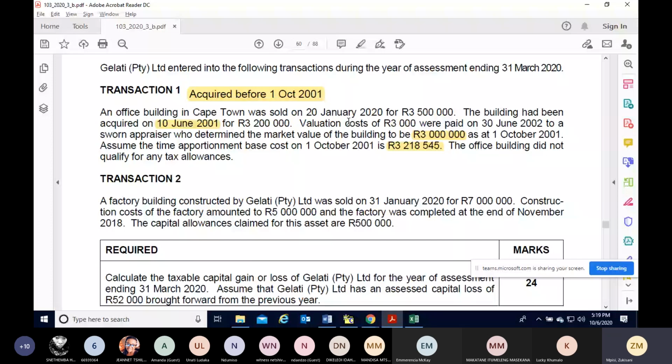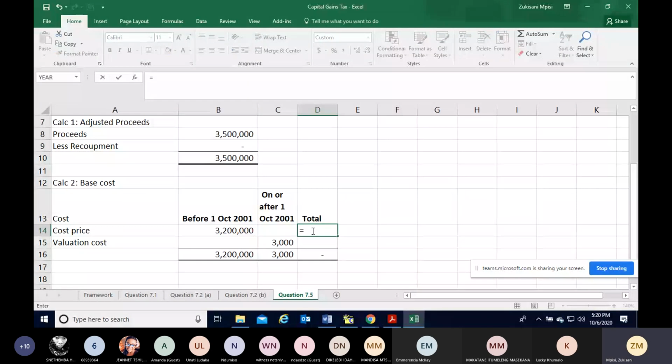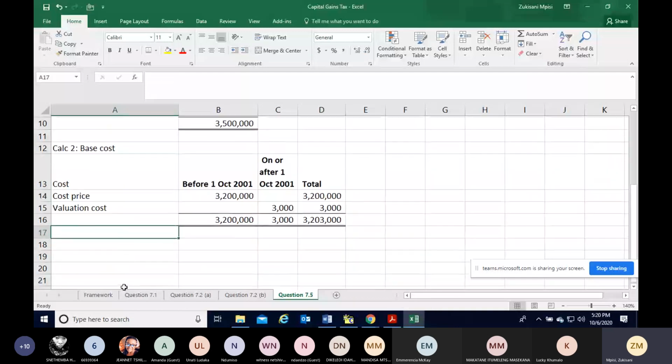Right, for transaction one, I'm not picking up any other cost. So we've got 3,200,000 and we've got 3,000. Let's break down that. So that is the total cost.